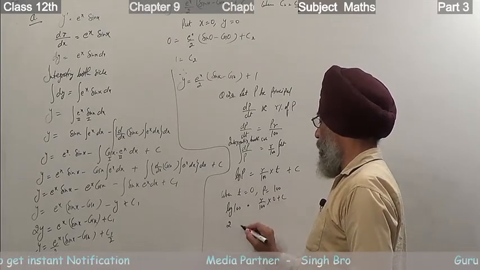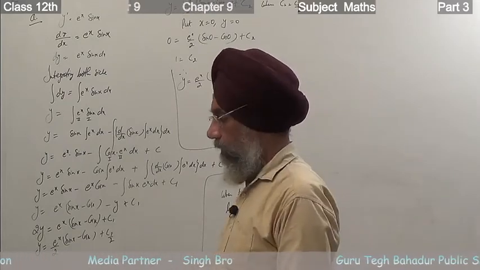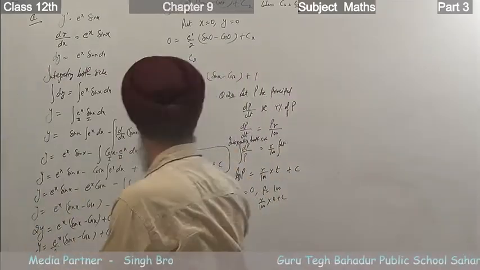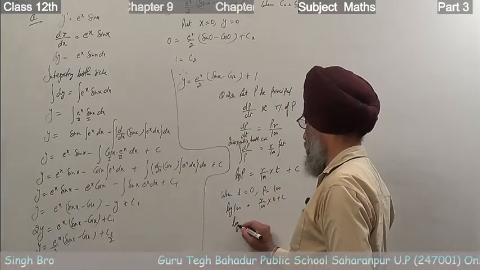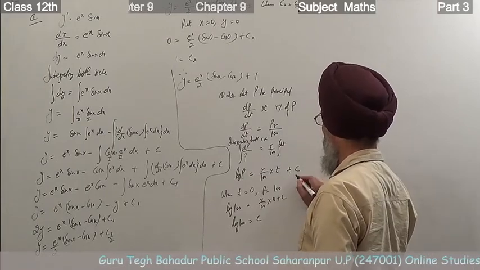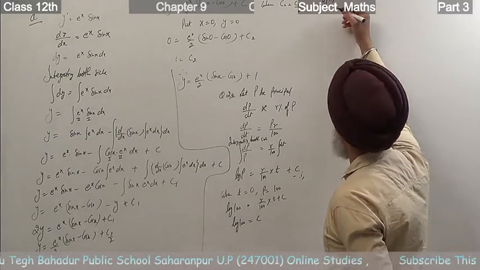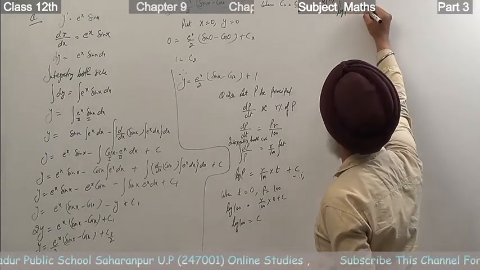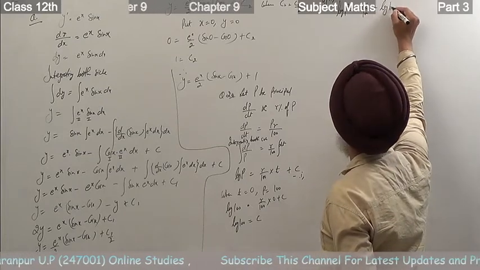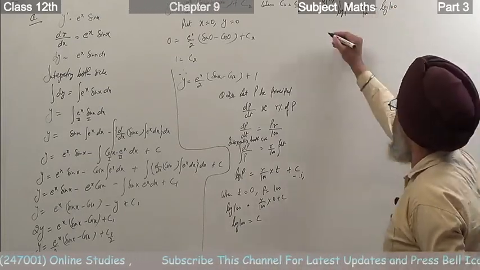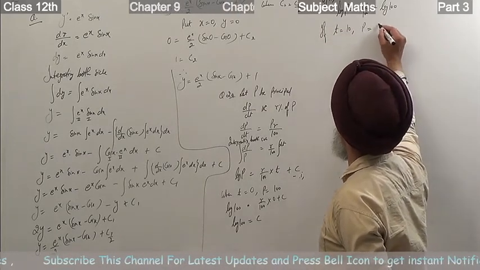The value of log 100 we leave as is, so log 100 is equal to c. So we get log P is equal to rt/100 plus log 100.